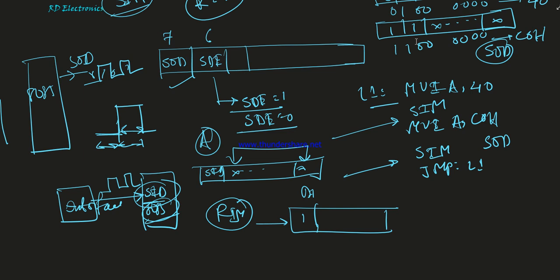One is for setting the values of data, logic 1 and 0, from the SOD line, the serial output data, and using serial input data we can read the status of the serial lines connected to the 8085. So what is the advantage of this?